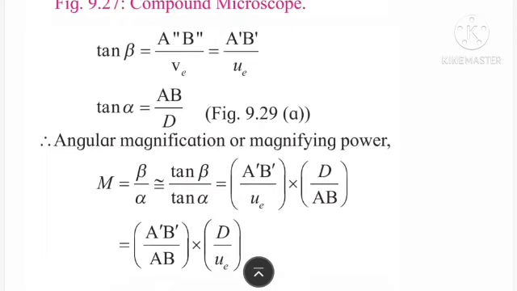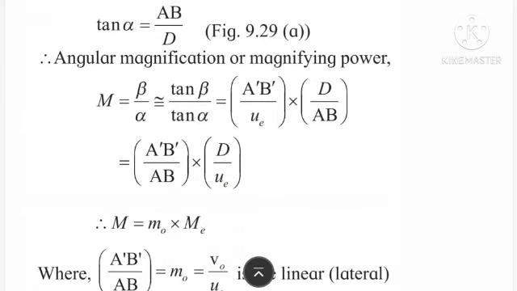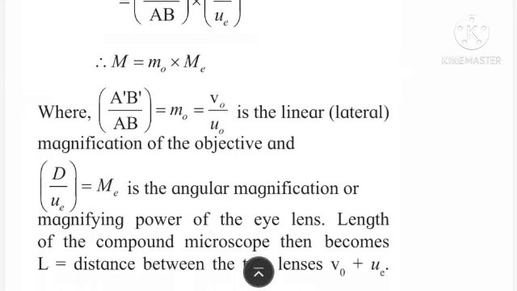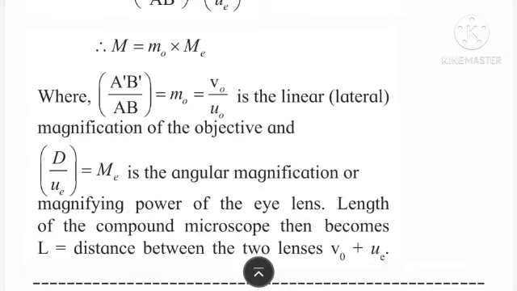So magnifying power M is equal to beta upon alpha, and if we put these values of tan beta and tan alpha, then after sufficient calculations we have the value of M as M0 into ME, where M0 is the linear magnification of the objective, and ME is the angular magnification, or magnifying power, of the eye lens.